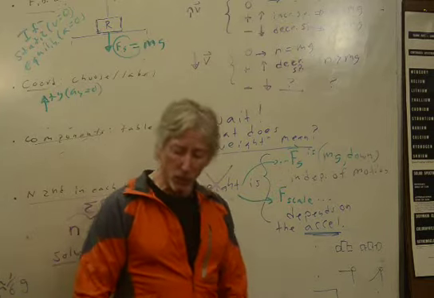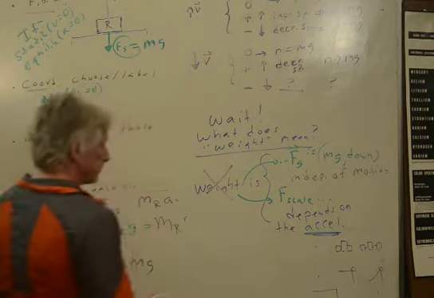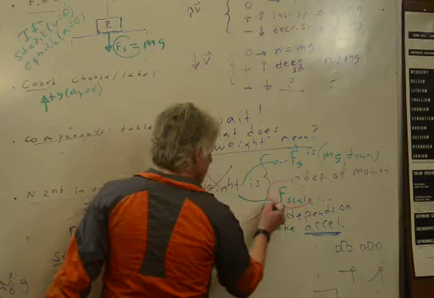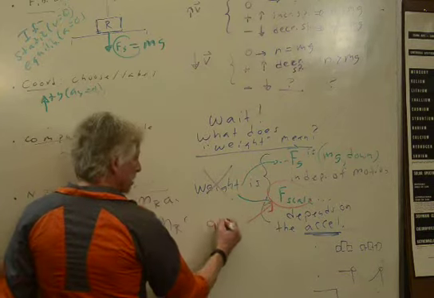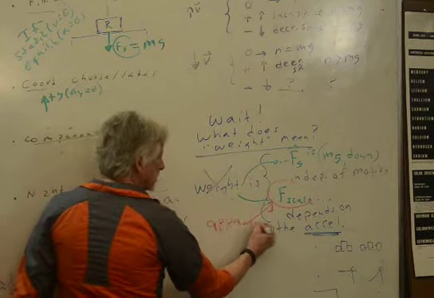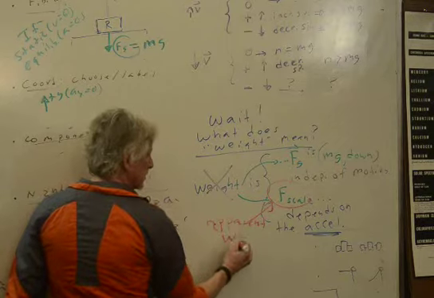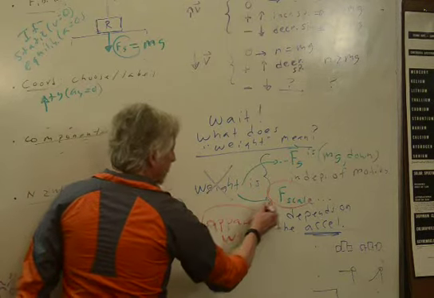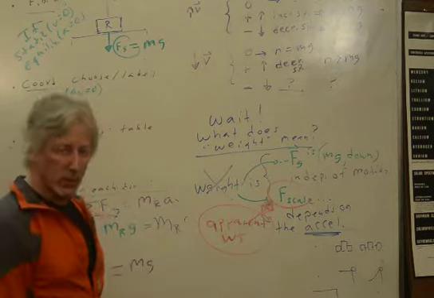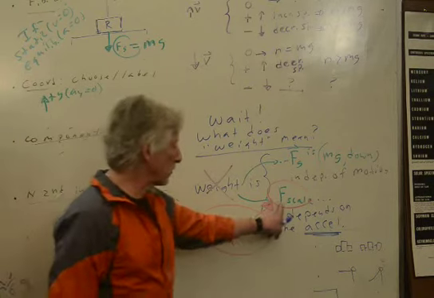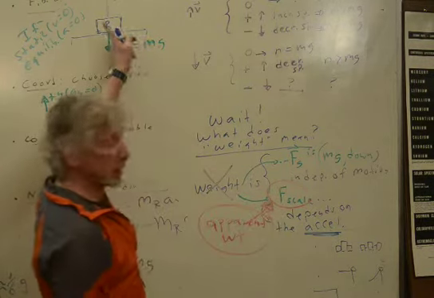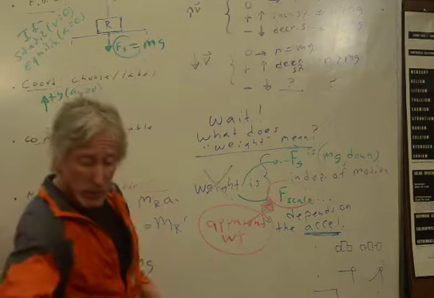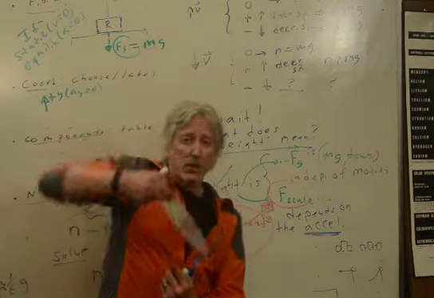Now, a more careful book would say, call this the apparent weight. So when they ask for the apparent weight, they're looking at the force from the scale, which is either a normal force or some spring force here from the scale.